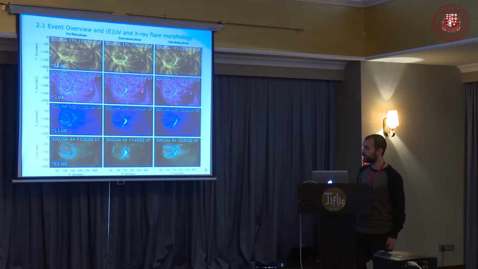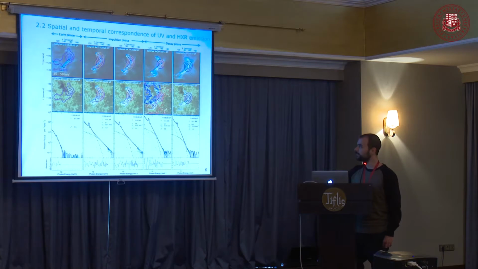And where R3, one of the secondary ribbons, forms, we see loops that brighten in the hotter channels. It means that they're hotter during the decay phase than during the pre-flare phase as a consequence of heating.